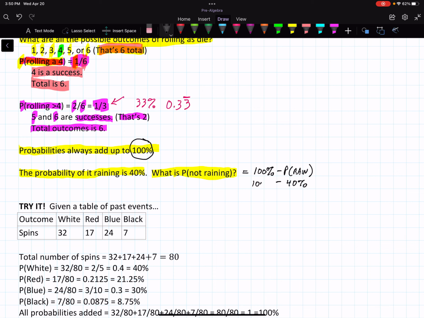So we have 100% minus 40%, which gives us a 60% chance of it not raining. Okay, and we got that because we know the probability of our two events, raining and not raining, has to add up to 100%, because that's the rule.